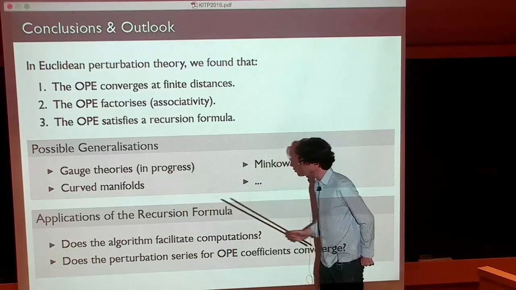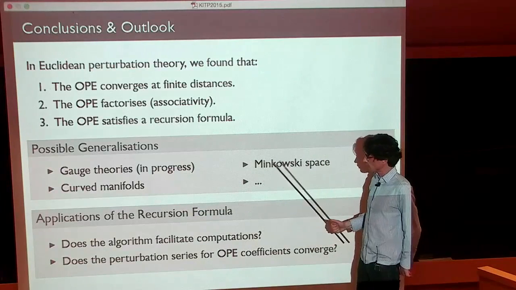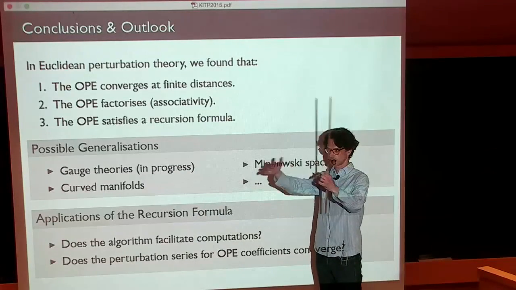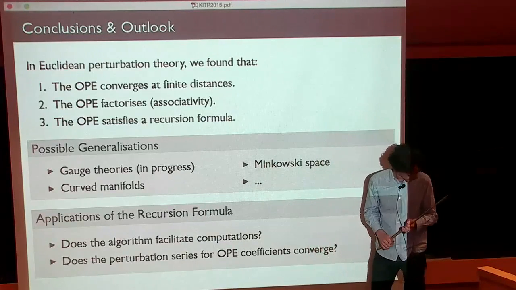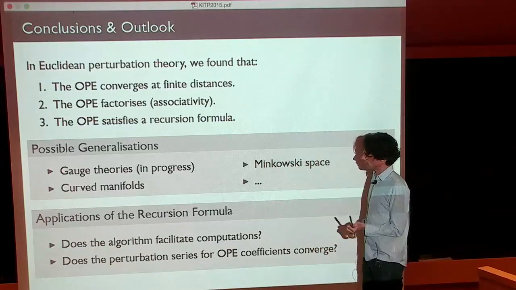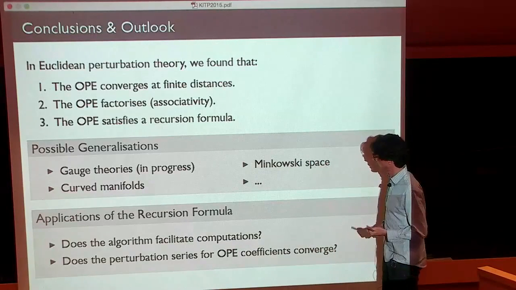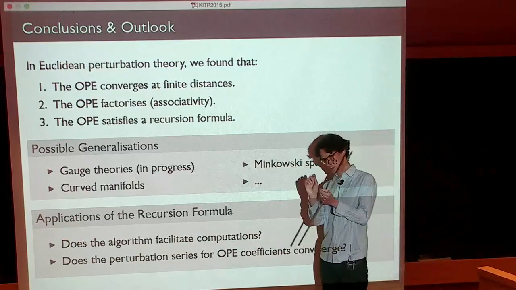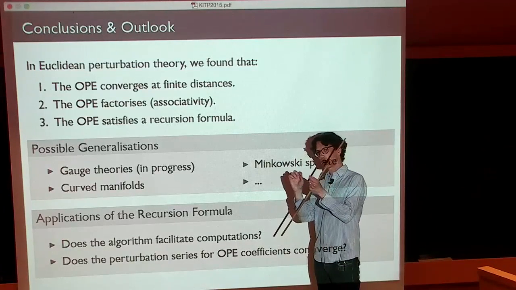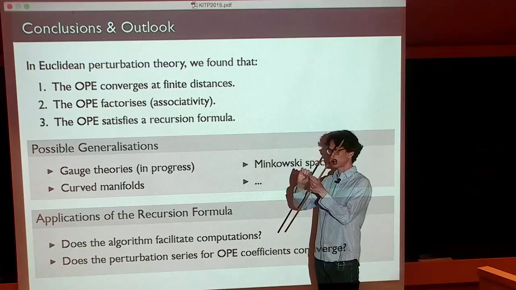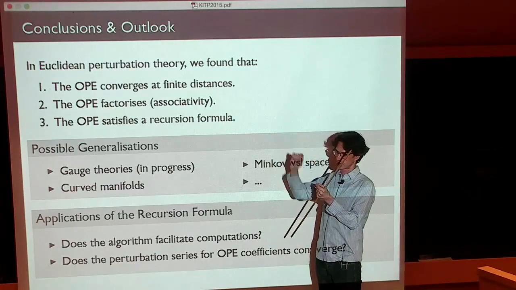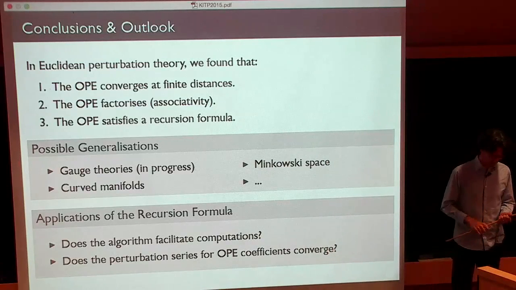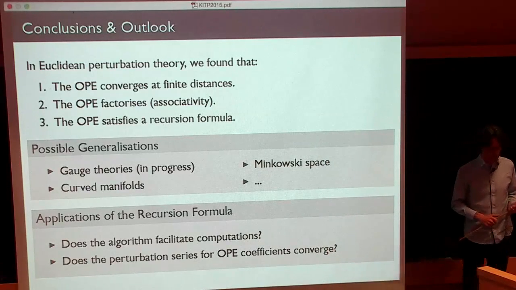These results also generalize relatively straightforwardly to curved Riemannian manifolds, so if instead of Euclidean space you have some curved Riemannian manifold. It's not so obvious what happens in Minkowski space, because there you have the operator product expansion, but you also have singularities on the light cone. This is sometimes called the light cone expansion. There we don't really know.